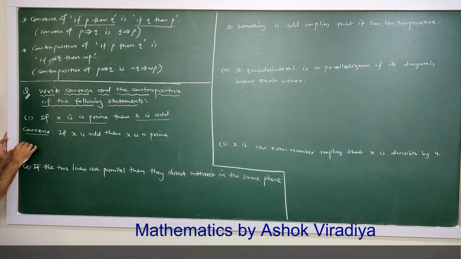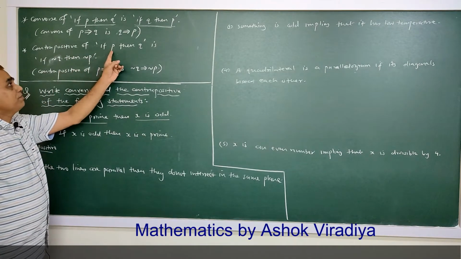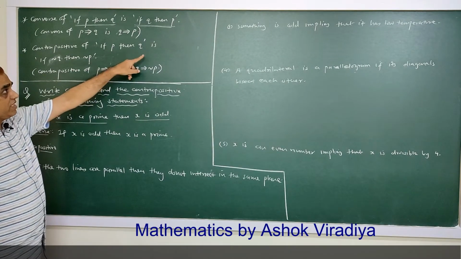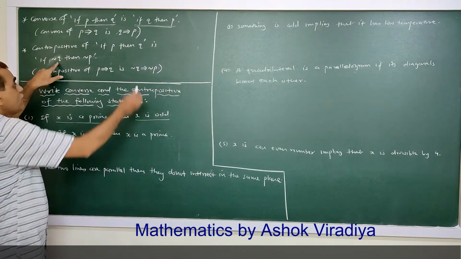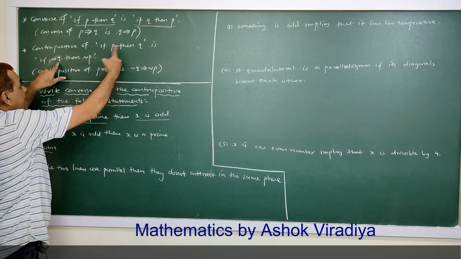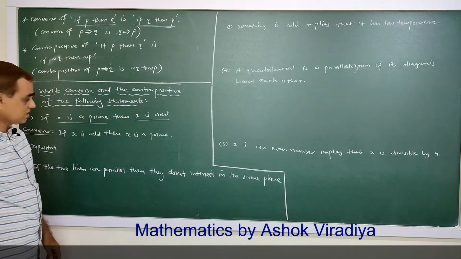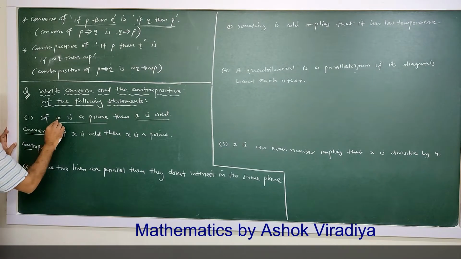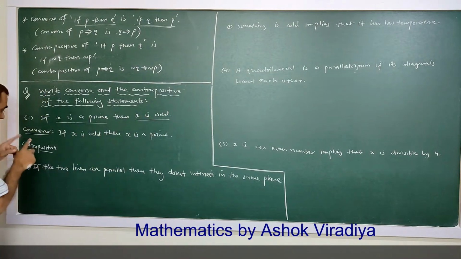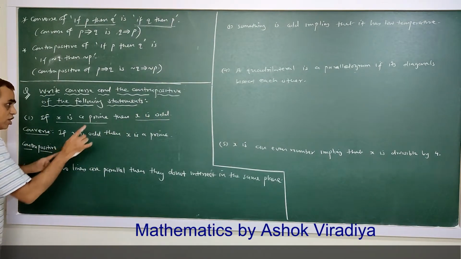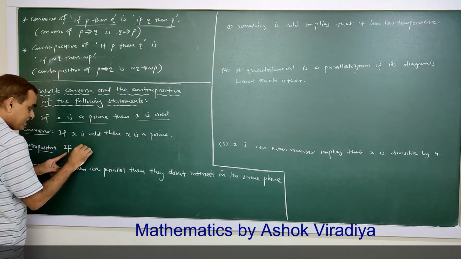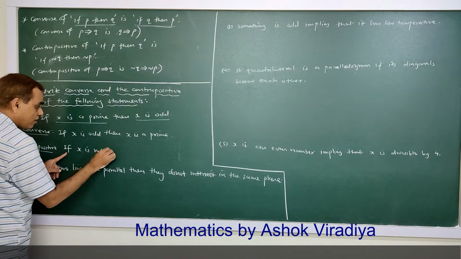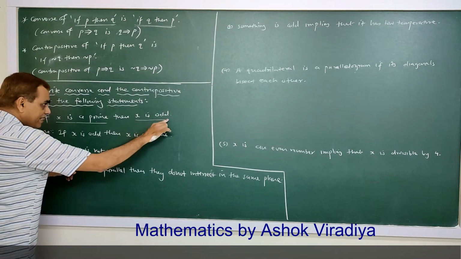Now the contrapositive. The contrapositive of if P then Q is if not Q then not P. If P then Q. Now in the contrapositive, if not Q, that means x is not odd. This is the negation of this statement.